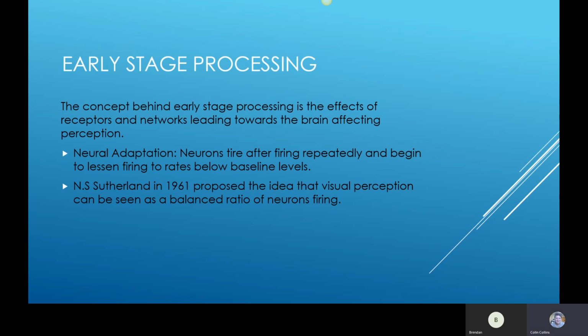Now, there have been studies shown, for example, looking at the ganglion cells leaving the eyes and measuring their firing rates after viewing a moving stimulus in cats. And it has been shown that these firing rates do decrease afterwards.